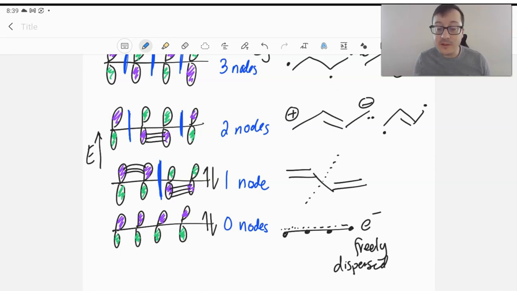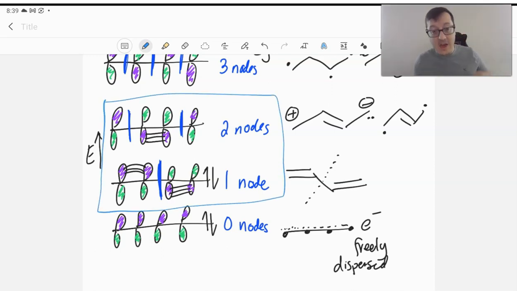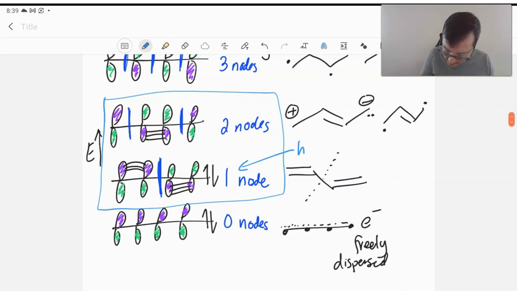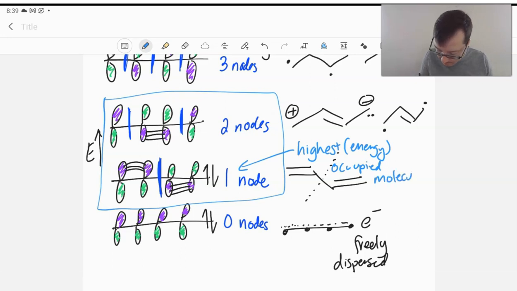However, we usually see most of the chemistry happening at these 2 orbitals, where we have what's called the highest energy occupied, meaning there are electrons within it, molecular orbital, or it's abbreviated HOMO.